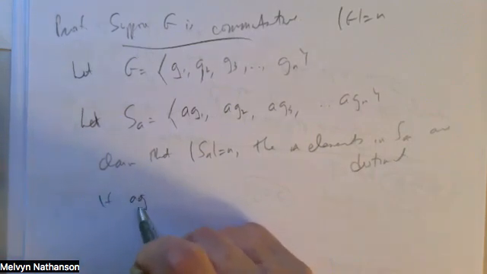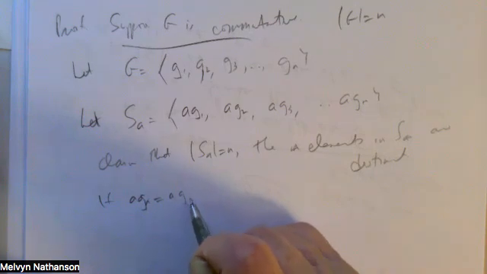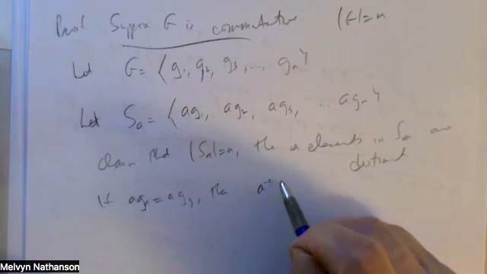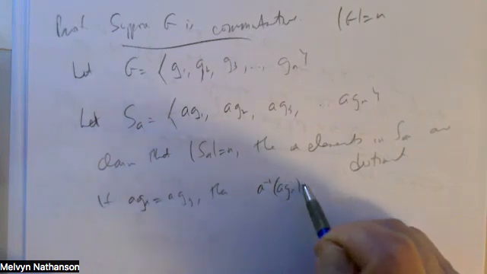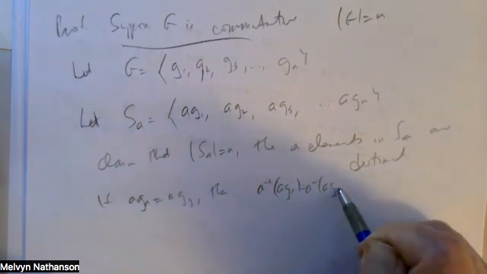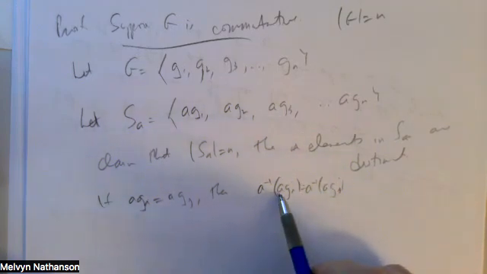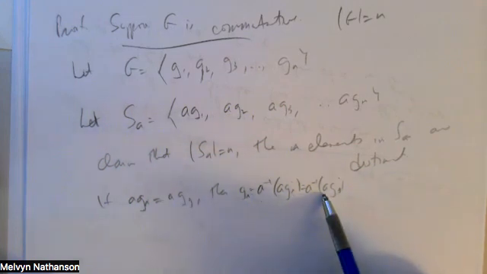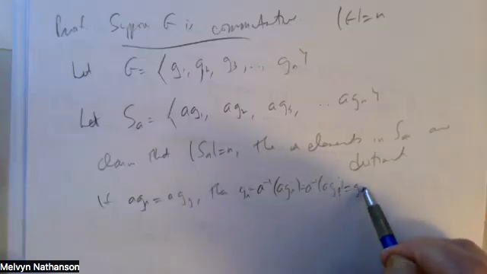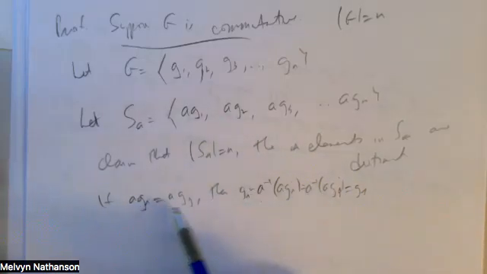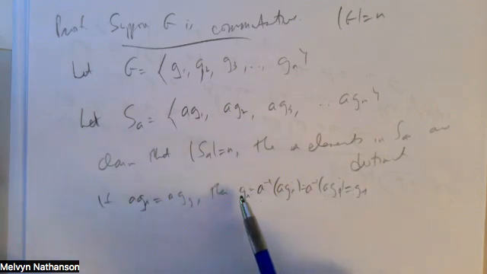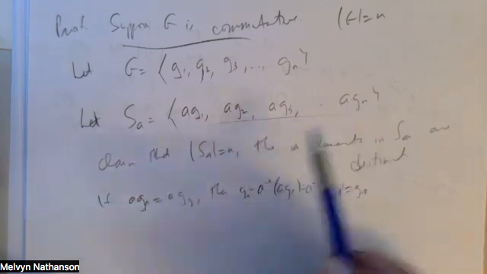If agi equals agj, then you can multiply on the left by a inverse. a inverse agi will be a inverse agj. But a inverse a is the identity. The identity times gi is just gi. Similarly, a inverse a is the identity, so this is just gj. So just multiplying on the left by the inverse of a says gi equals gj. So these elements are distinct.